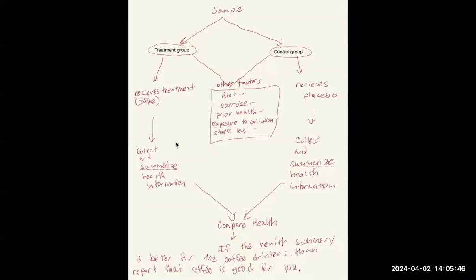So overall, maybe somebody in the treatment group had a health score of 8.6 from 0 to 10. And then maybe on average, people from the control group had a health score of 6.8.